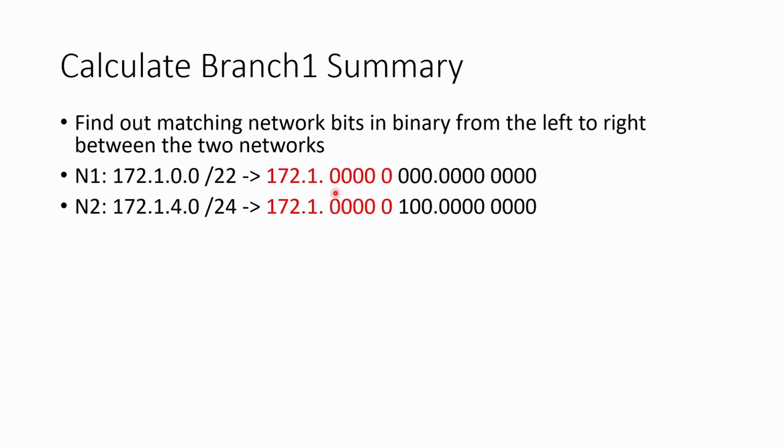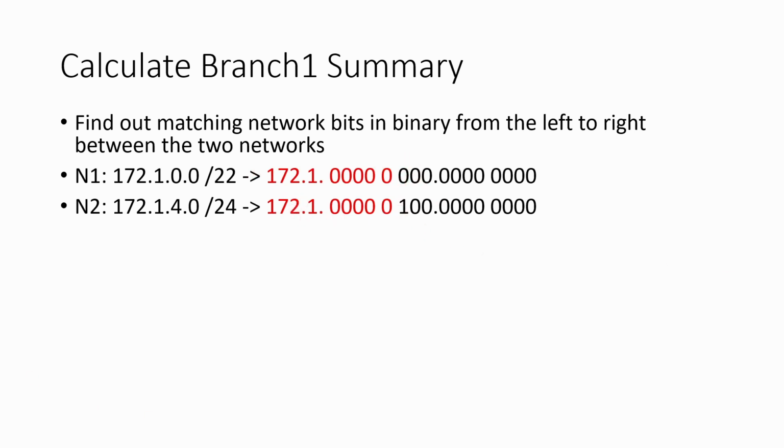Then compare bit by bit from leftmost towards the right. The first 5 bits are matching. The 6th is different. That creates the network boundary.